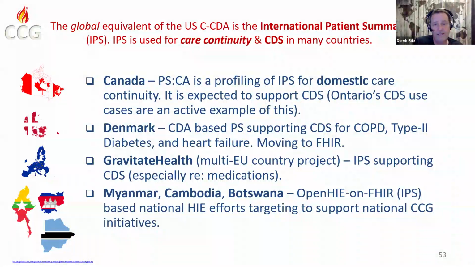And then 3 countries I've worked in, Myanmar, Cambodia, and Botswana, are leveraging the International Patient Summary as part of Open HIE on Fire. Open HIE is an open source initiative that leverages, actually, the Canada Health Infoway architecture as the foundation of it, but it is a health enterprise architecture open source initiative.